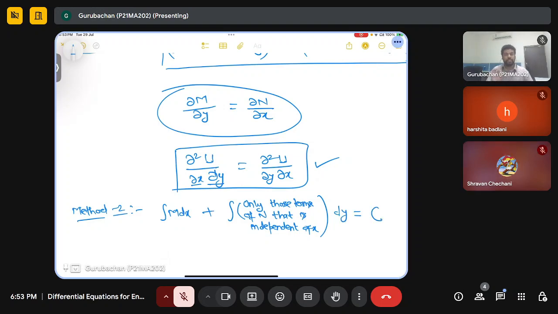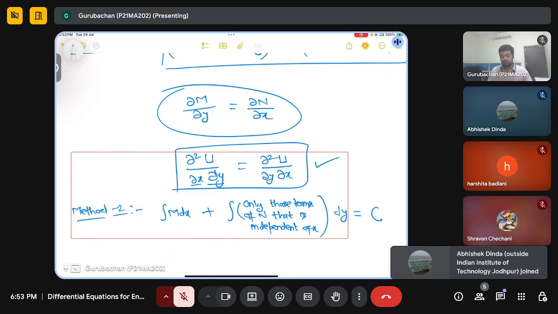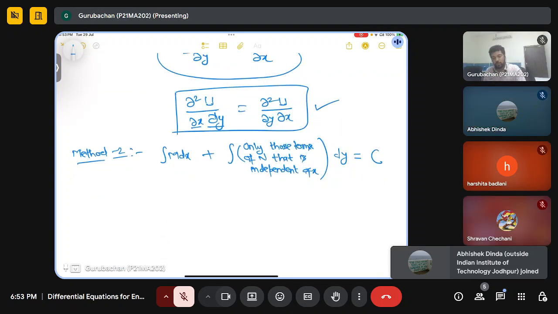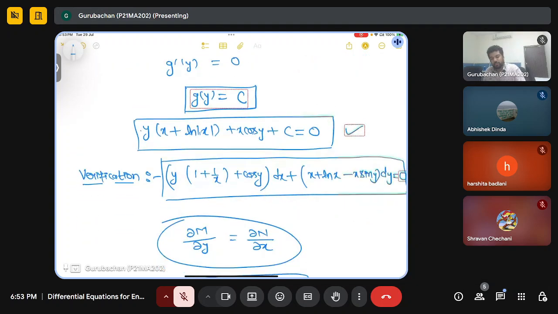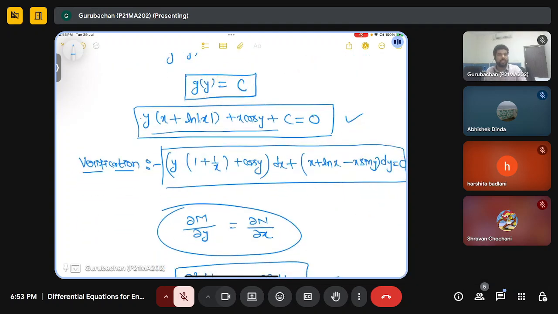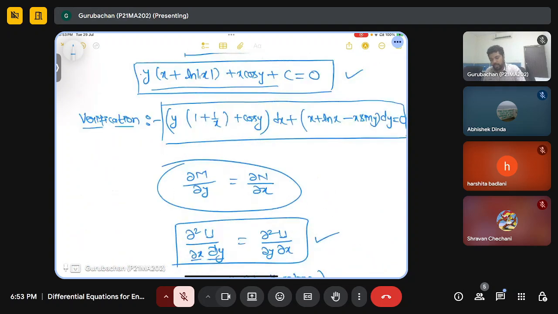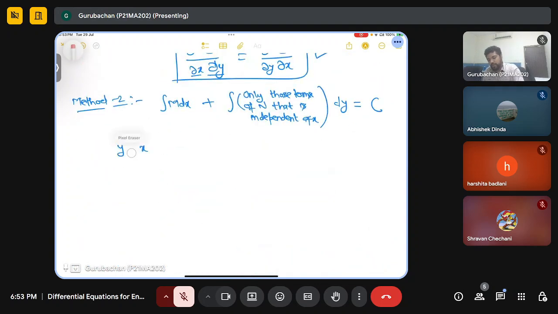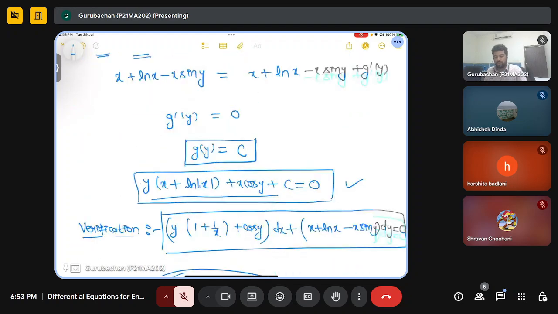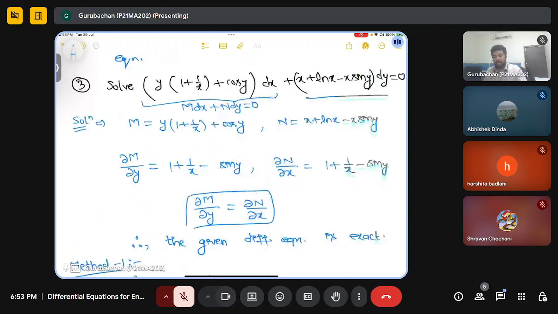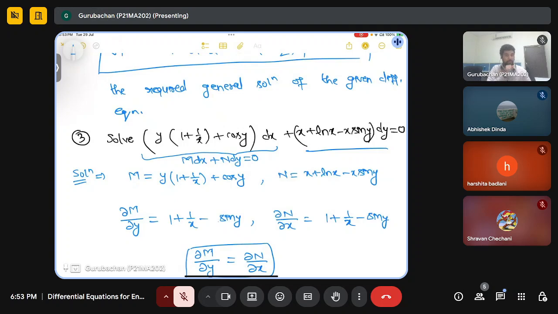I'm saying this. There is one formula, I have told you one more. So from here, observe that. What was M dx? M dx is this one, same. This will give you y into x plus ln x. Or observe here one more thing, I can write without mod also.